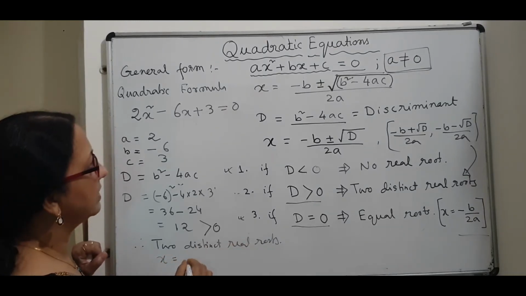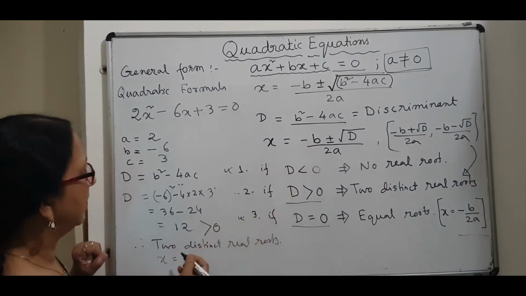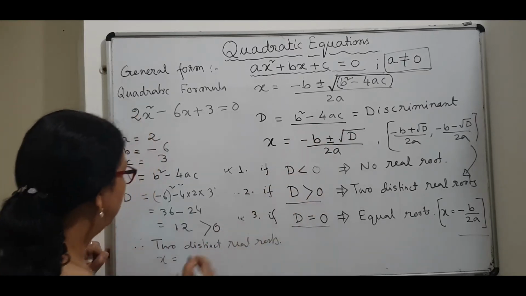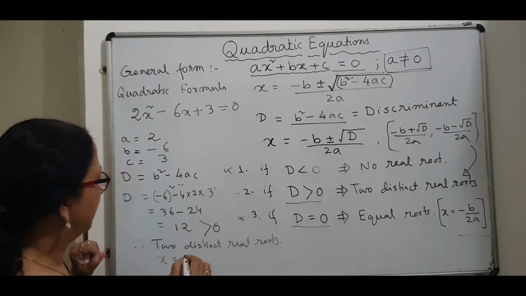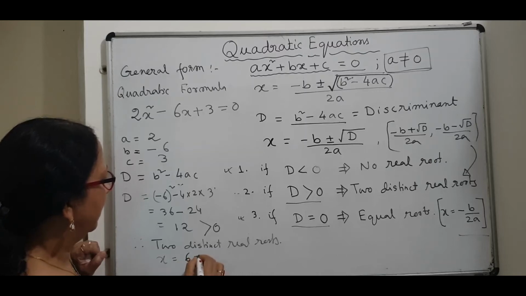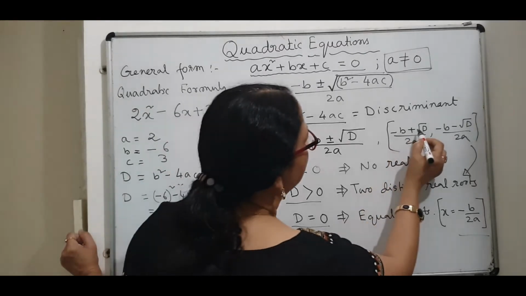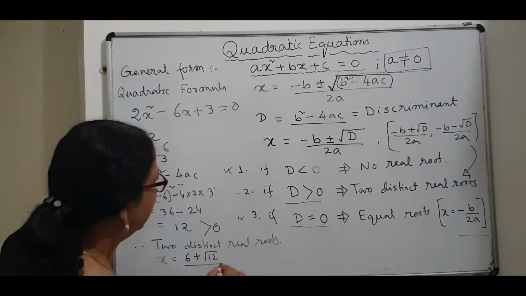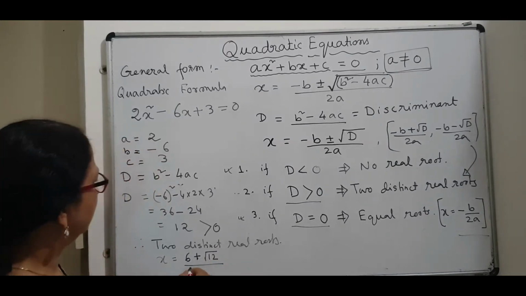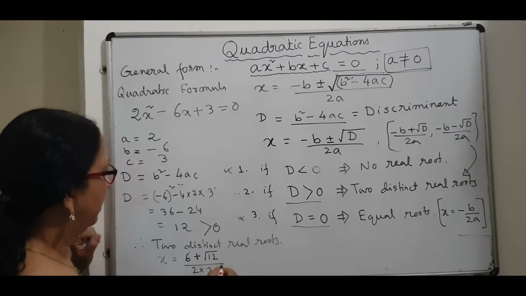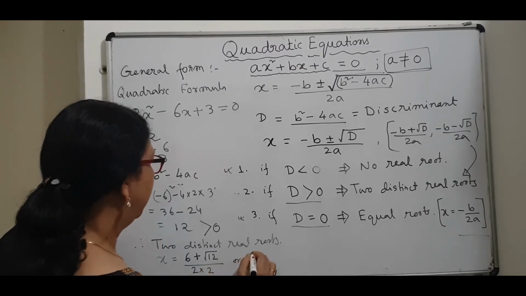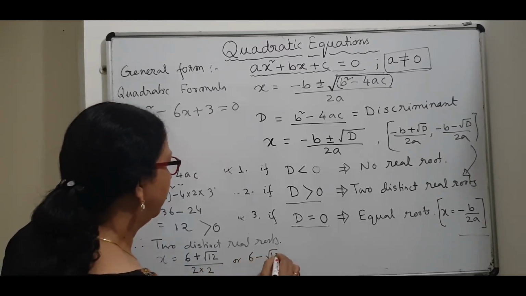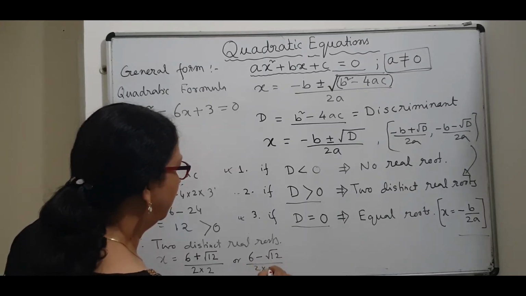x is equal to −b plus minus root D by 2a. So it is 6 plus root 12 by 2 into 2, or 6 minus root 12 by 2 into 2.